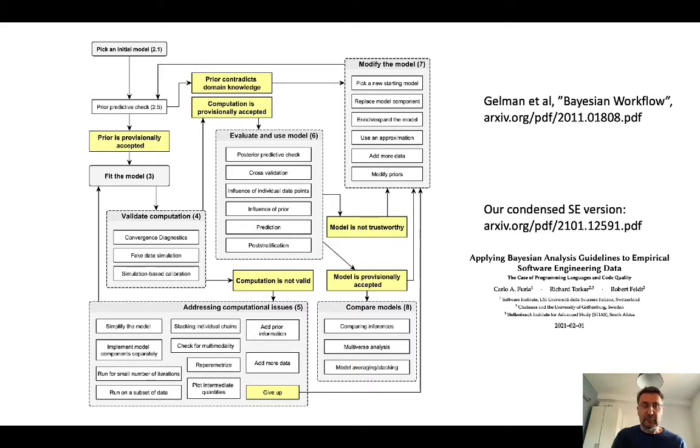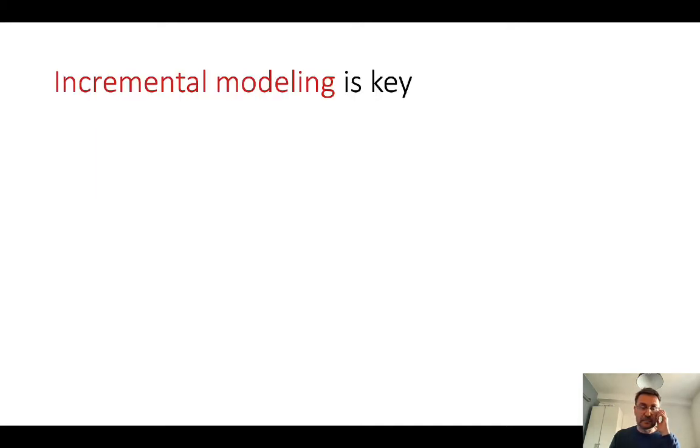So we will not go into the full workflow or every aspect of this, but let's talk about the simplified version that we present in this arXiv manuscript. A fundamental idea here is that we will do incremental modeling. So we will not simply do one model, run that, and be done with it.